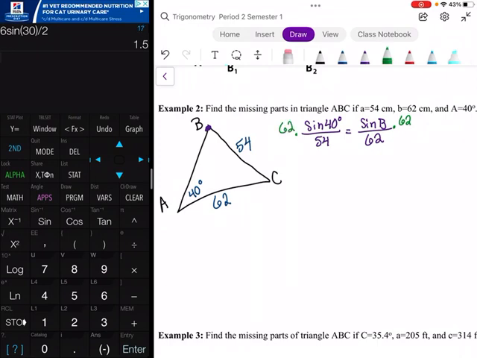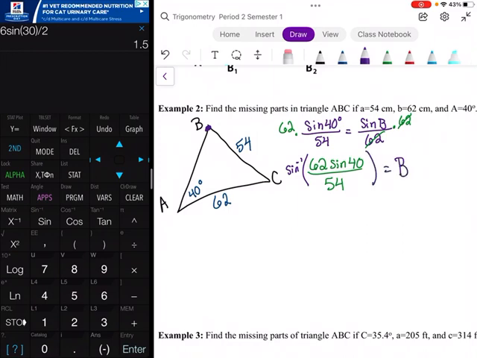That simplifies. And then we would end up taking the inverse sine of both sides to get what B equals. So we'll do the inverse sine of this, and that will tell us what B equals.